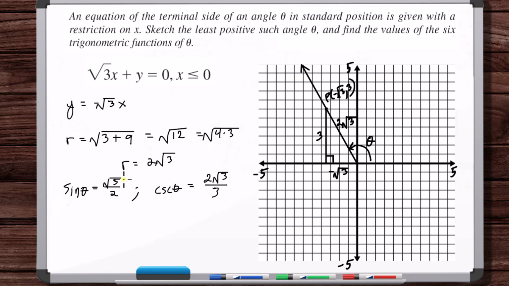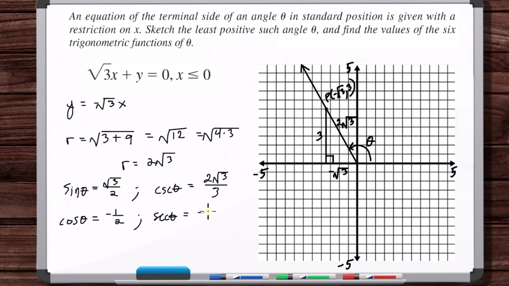And again, usually we would just flip this, but then we have to rationalize again. So we just go back to the SOHCAHTOA mnemonic. All right, cosine theta is adjacent over hypotenuse. That's going to be minus 1/2. Secant theta is hypotenuse over adjacent.